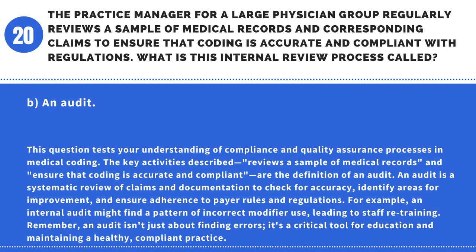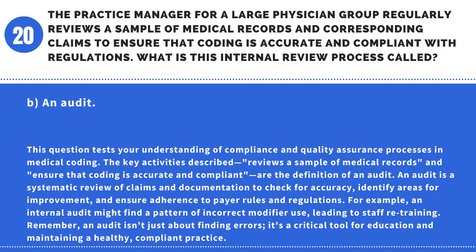Answer: B. An audit. This question tests your understanding of compliance and quality assurance processes in medical coding. The key activities described, reviews a sample of medical records and ensure that coding is accurate and compliant, are the definition of an audit.